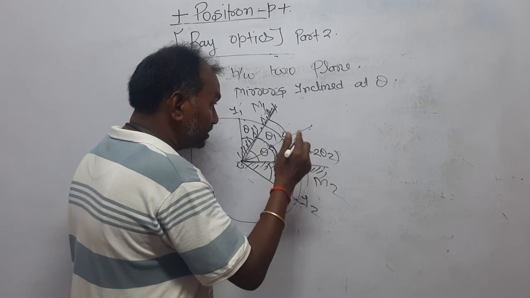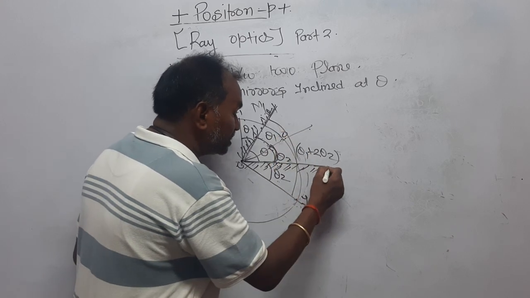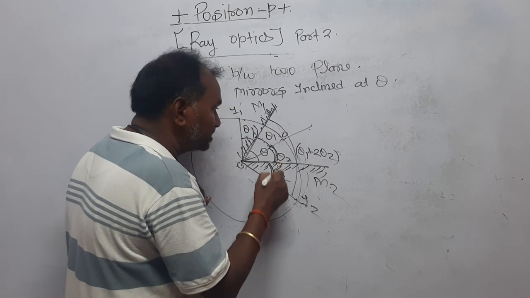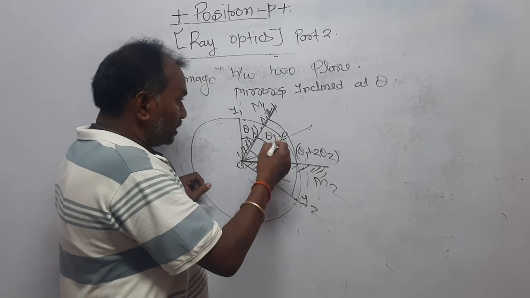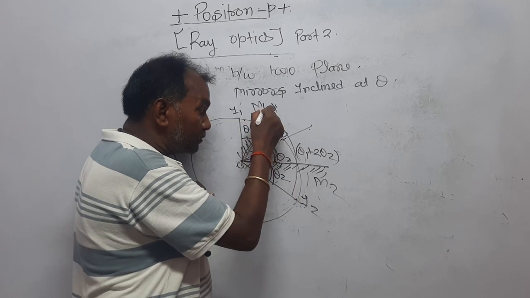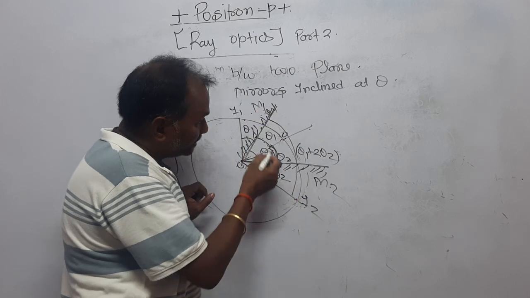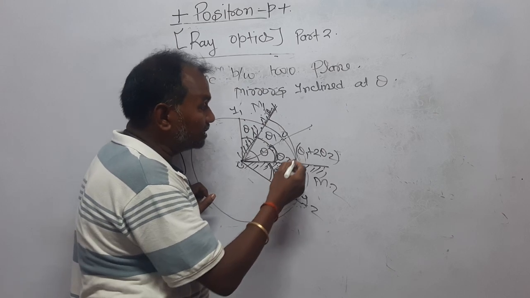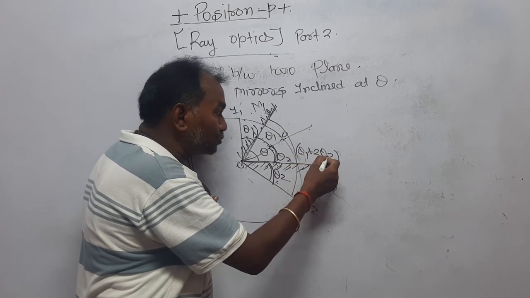The image of object O by plane mirror M2 is I2, and that is at theta 2 angle. So now from the mirror M1, I2 is at an angle theta 1 plus theta 2 plus theta 2, that is theta 1 plus 2 theta 2.